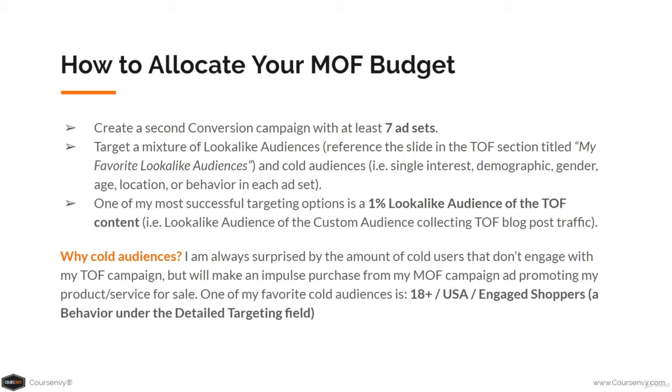So one of my most successful targeting options is a 1% lookalike audience of the top of funnel content. For example, a lookalike audience of the custom audience collecting my top of funnel blog post website traffic. So I'm telling Facebook to go find people similar to the people who took action at the top of funnel.